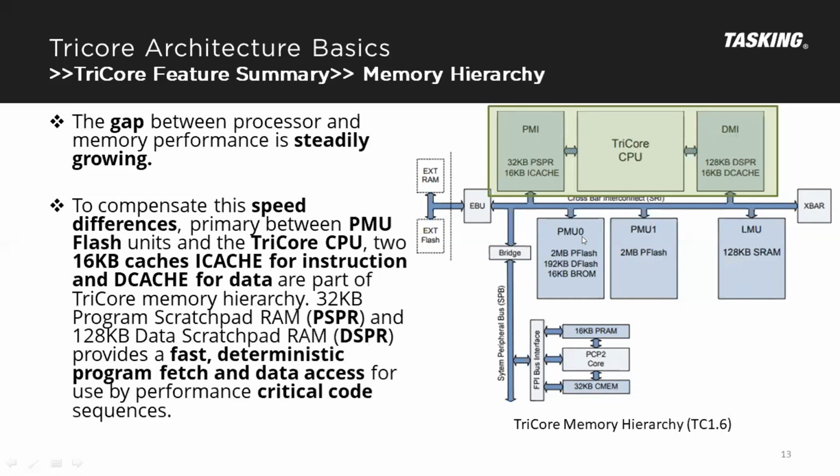You have the CPU, the BMU flashes, the PMI, program memory interface, and the DMI, data memory interface. You will have the LMU as well. LMU stands for local memory unit, a shared memory between the different cores. And you will have external RAM and external flash as well. So this is the complete hierarchy of the memory.